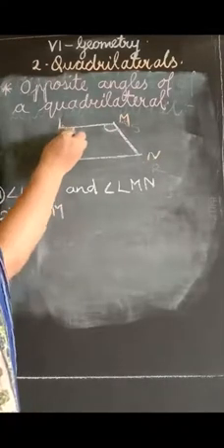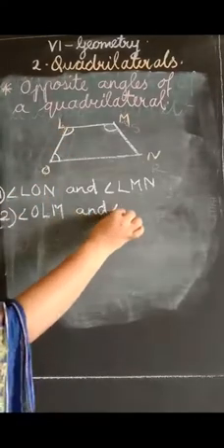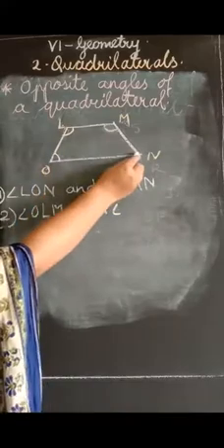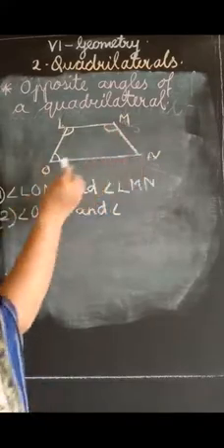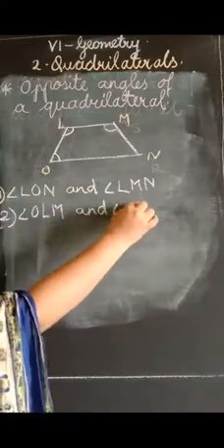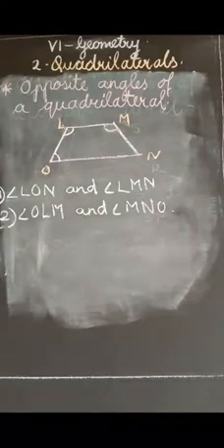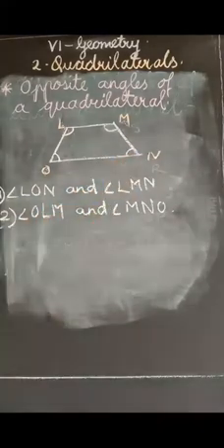L is in the center, meaning angle. And the angle opposite to this is N, no? Then you can say MNO or you can say ONM. So you will say MNO. So this is the second pair of opposite angles. Okay. So we have two pairs of opposite angles of a quadrilateral.